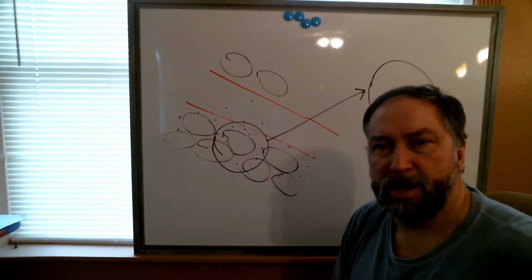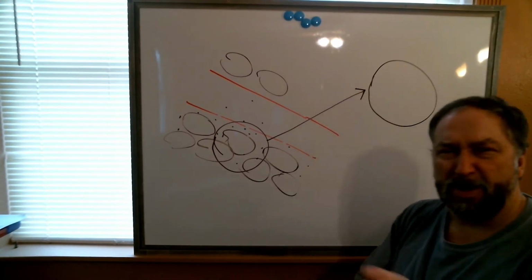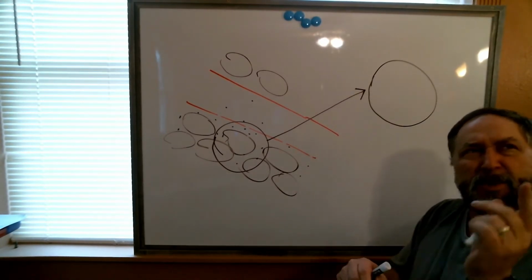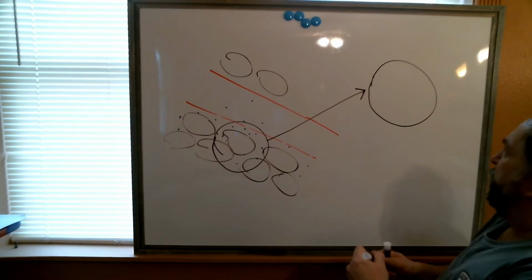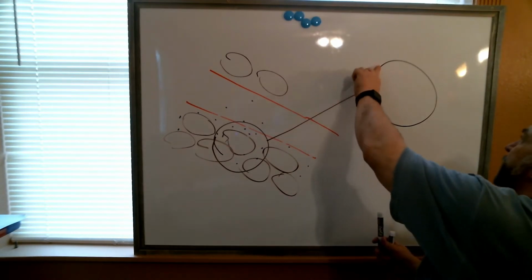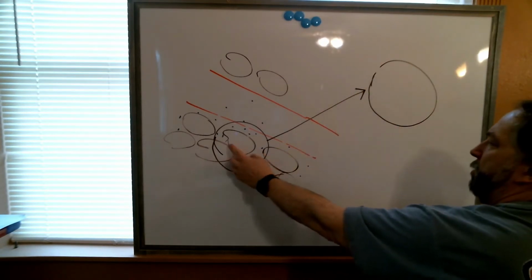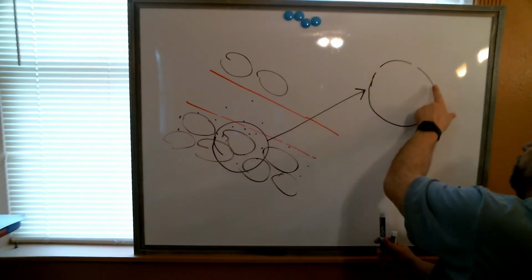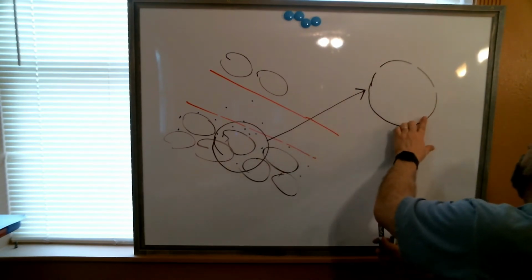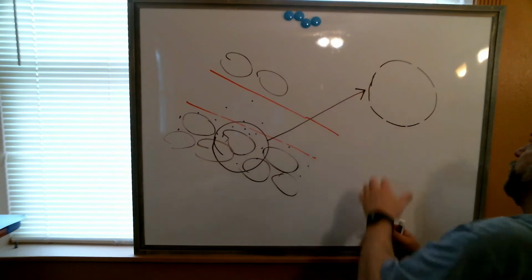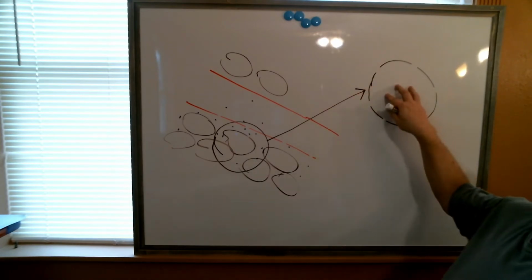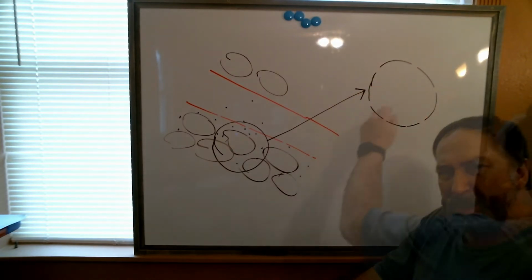I've got a glare on this board. I should have done this more in the daytime when I didn't have to turn the lights on. But anyway, that's this cell, right? I took this cell out here just so I could draw on it and not have all that other stuff in the way. Now you have to remember, this is a three-dimensional thing. I can only draw two-dimensional on the board here.